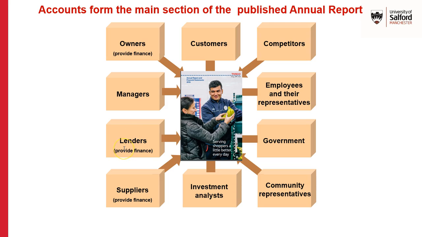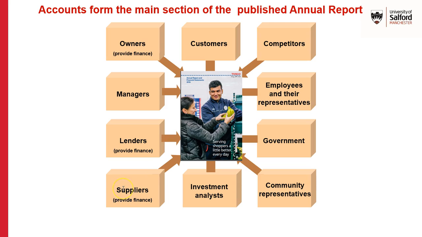Lenders to the company will include banks and institutions such as insurance companies, and the company will issue bonds, that is IOU notes if you like, that are traded on the markets, and it's a way of raising money. In the case of bonds, there'll be fixed interest payments and guarantees of security if there's non-payment.